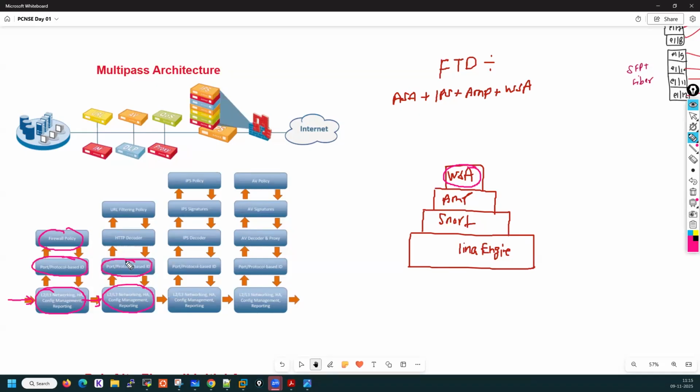Protocol based policy will be done. Then your URL filtering will happen. Again, your protocol based policy is done. Then your IPS will happen. Again, here port and protocol is repeating. Then your AMP is doing its work. So you can see here your packet processing is happening multiple times. Those tasks are repeating. Yes or no, guys? Here your tasks are repeating or not?